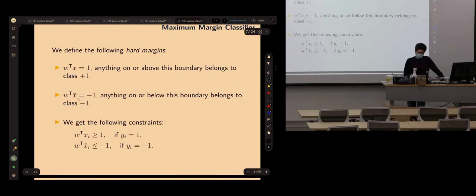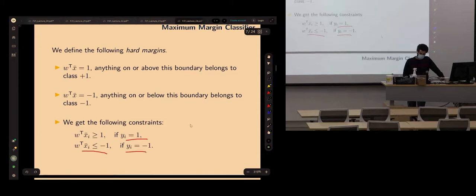And then we convert this to mathematical constraints, inequalities. W transpose times x bar i greater than or equal to 1, that's for the category if y equals 1. And the other constraint is less than or equal to -1 if y is -1. We could do something smarter.